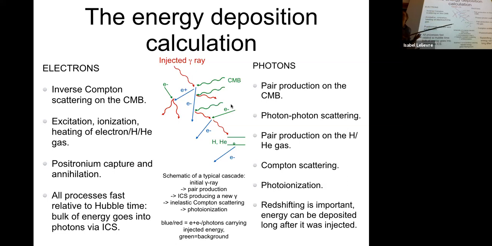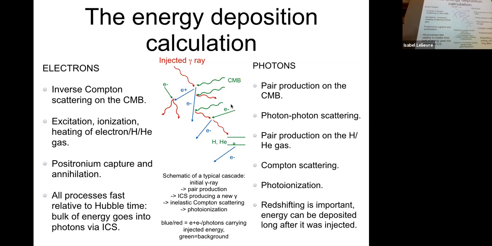Positrons behave the same at high energies. At low energies, the positrons can annihilate away, making more photons, back to the other side of the cascade. The electrons at sufficiently low energies will excite and ionize and heat the hydrogen and helium gas and the bulk of ambient electrons. So I and my collaborators and also some independent groups have written codes which model this cascade.